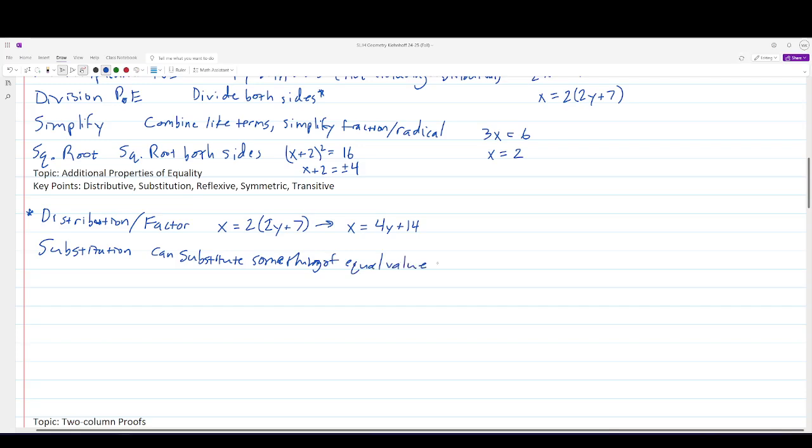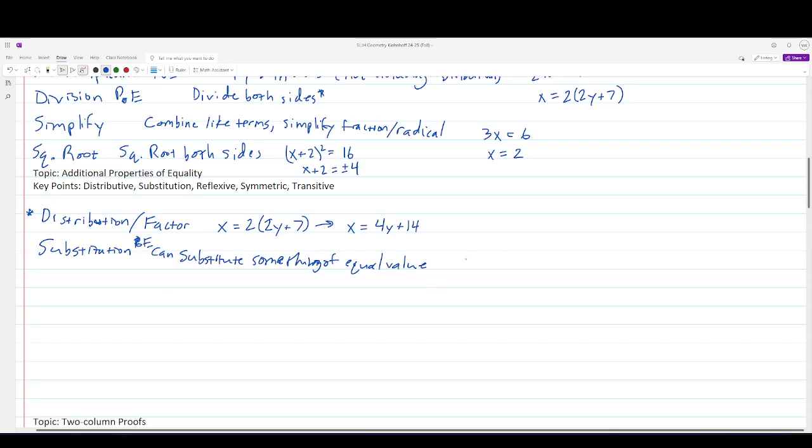And that's the one reason I usually do call it substitution POE. But if you just call it substitution, I'm not going to count off for that. So substitution or substitution POE, we're substituting something that's equal.